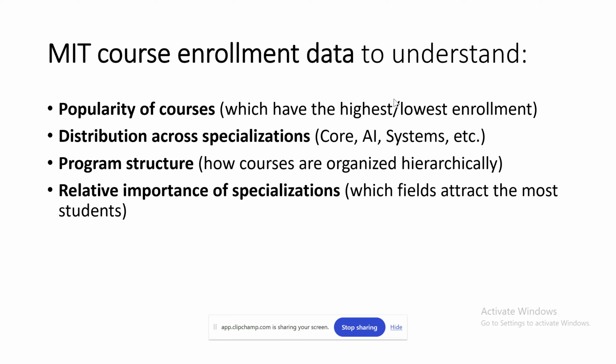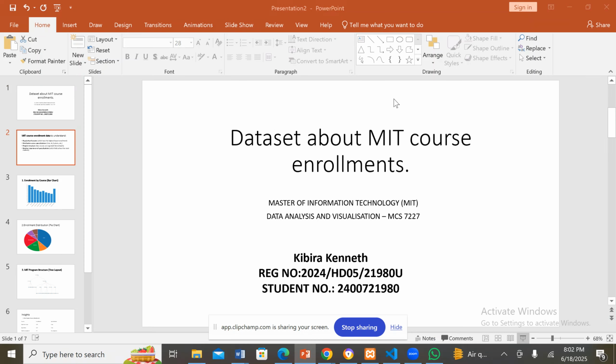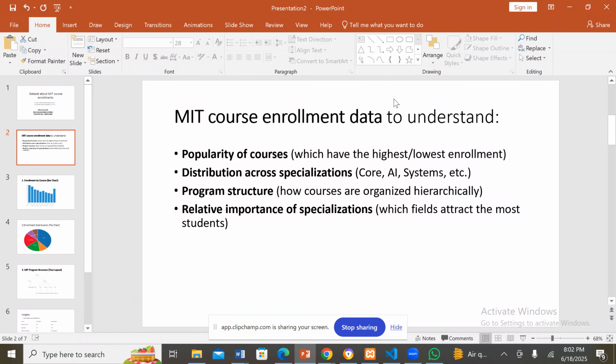And lastly, we are to give the relative importance of specialization for the courses, and this can be used for decision making by management to identify which course is taken on by many students and which one has the lowest enrollment, what the reasons could be for the low enrollment, and how they can improve. It could be due to laboratories, less laboratories. It could be due to other reasons, say hardship of the course and other reasons.